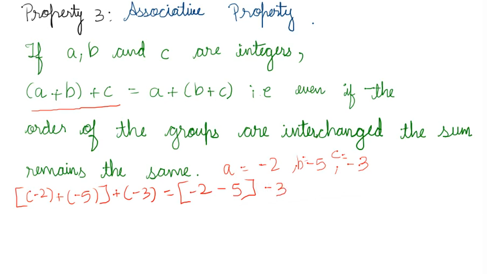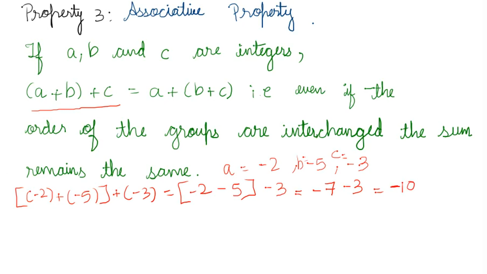Both the signs are the same, so you add and write the common sign, the minus sign, in front. When two integers are like integers, that is, they have the same sign, we simply add them and put the common sign in front. So it is minus 10. So we have now found out our LHS.